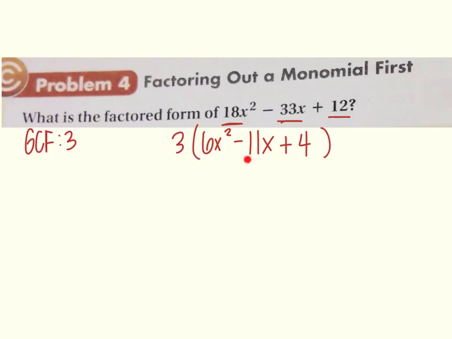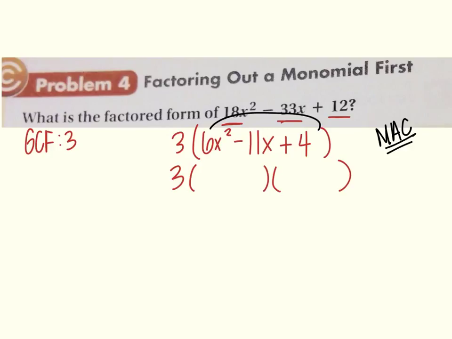And then always check to make sure, is there another GCF you can pull out? Because sometimes you don't pick the highest. And now that you've done that, now you're going to factor this part, but you always still leave the 3 out front. So when you factor this, since the first number is not 1, you're going to have to do the MAC method. Remember?